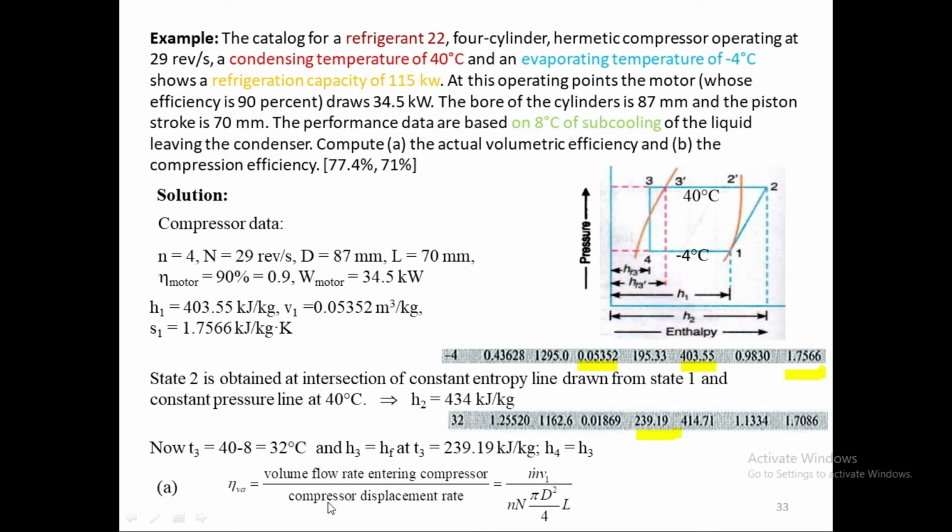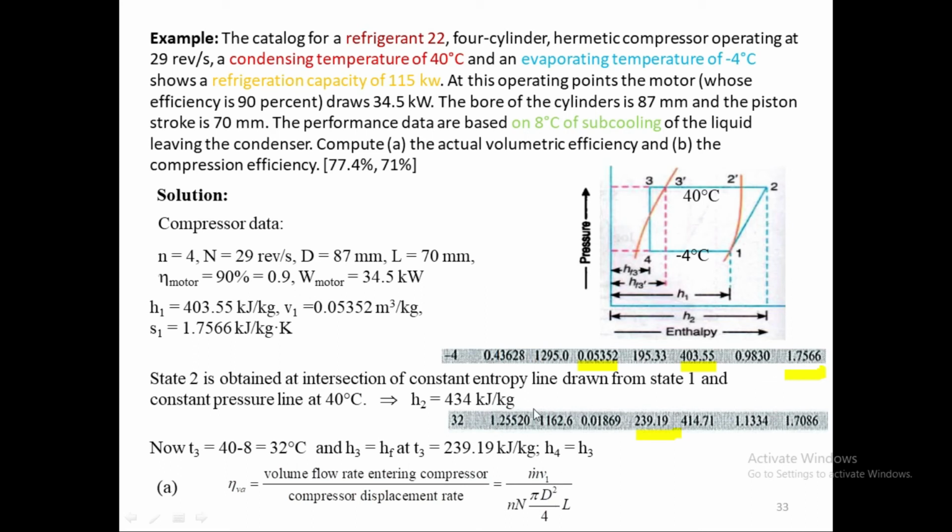Alright. So the actual volumetric efficiency is the volume flow rate entering the compressor, m dot V1, divided by the compressor displacement rate, which is pi by 4 D square times L times N times N. So this will give us the volume flow rate.